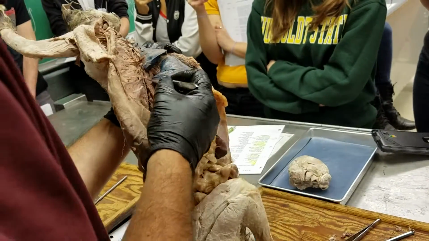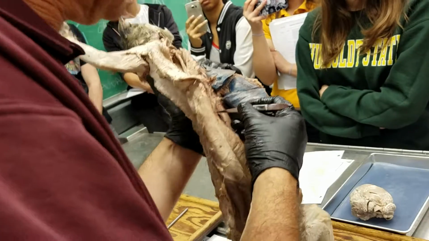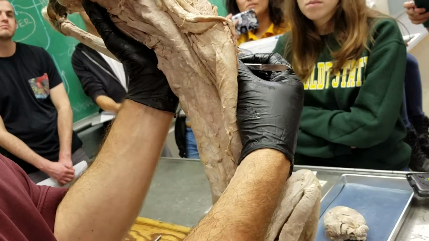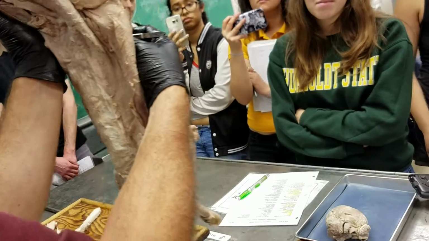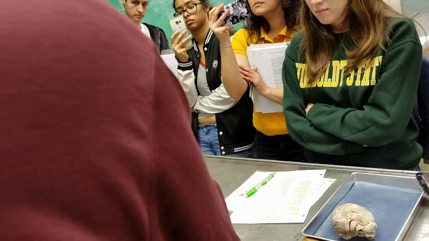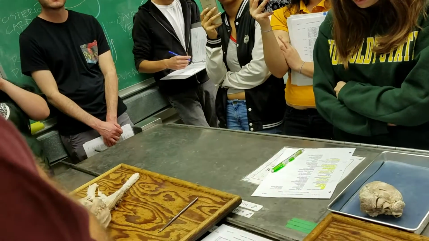So if you look in here, running along the body wall on the right side, right behind the lung, is this vessel that's going to curve up and join with the right cranial vena cava. You see that? And that would be the azygos vein.